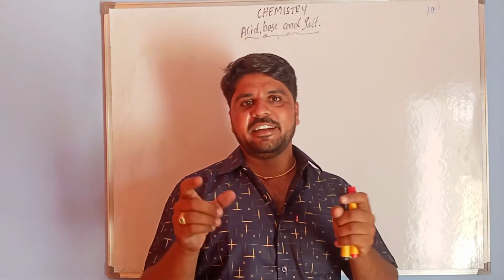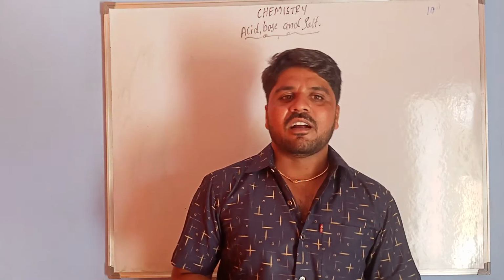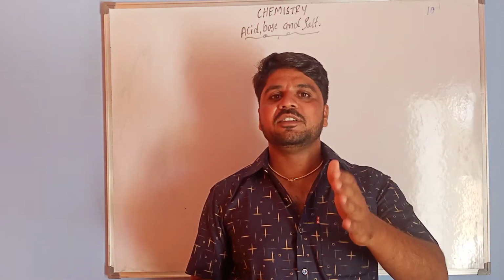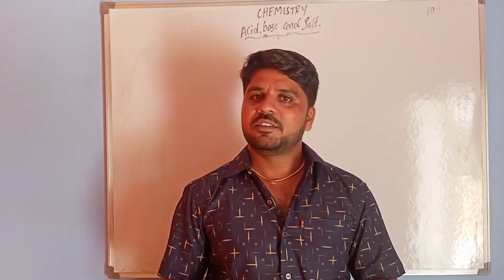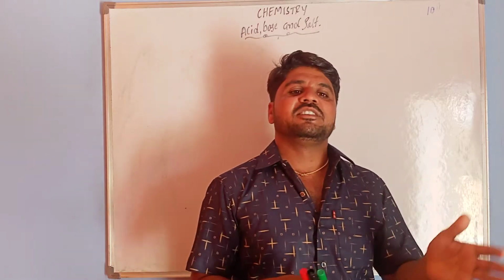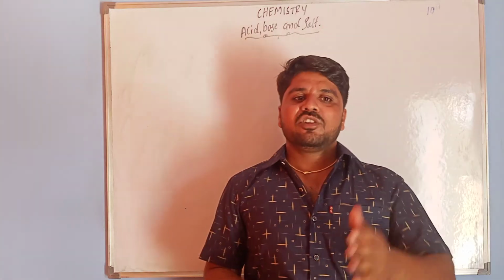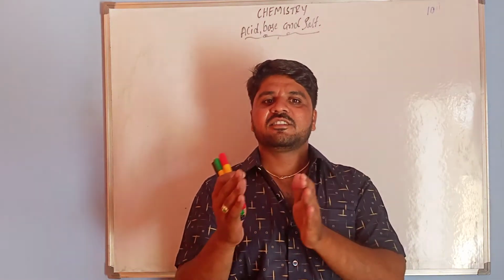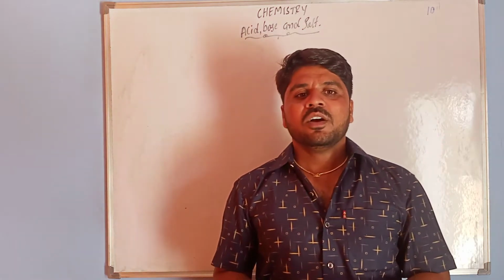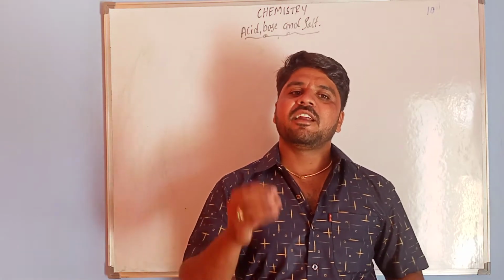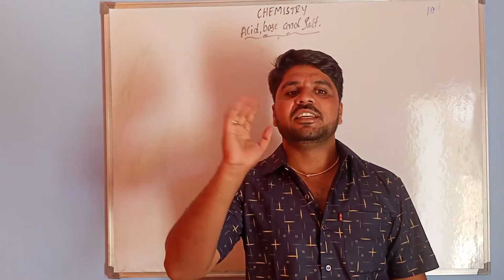We have a table of some naturally occurring acids. It is very useful for competitive exams, like those for police, so these are very important. The first column is the natural source and the next column is the acid. From vinegar we get acetic acid.